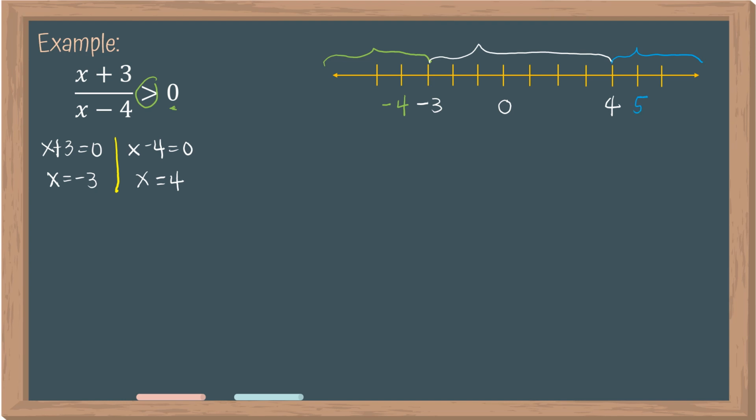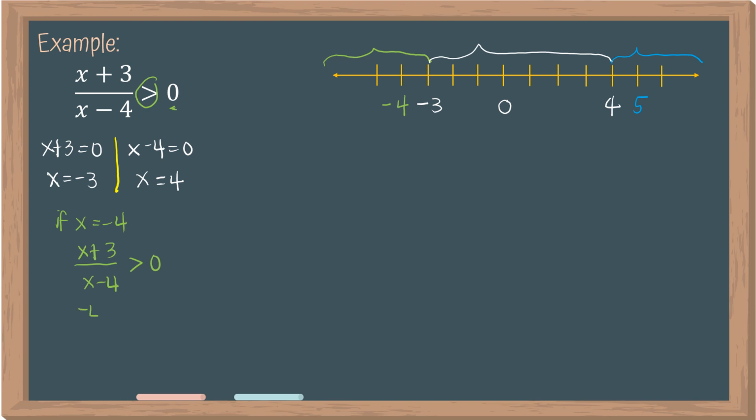Okay. So, isa-isahin natin yung mga test point natin. So, for the first one, we have if x is equal to negative 4, let's see if this value can satisfy our inequality. So, x plus 3 all over x minus 4 is greater than 0.